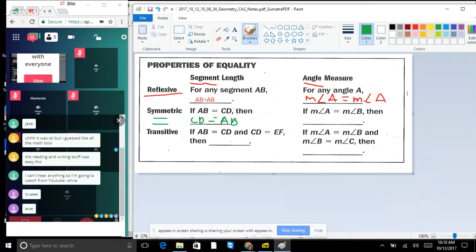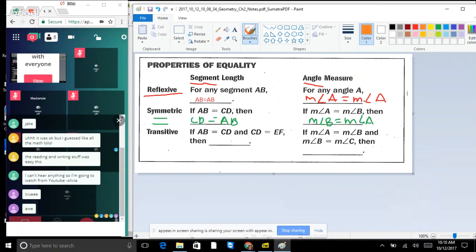I think that also makes sense, right? For angles, if the measure of angle A equals the measure of angle B, then we also know that the measure of angle B equals the measure of angle A. They're symmetric, right? If they equal each other, it doesn't matter which way they're equal to each other.